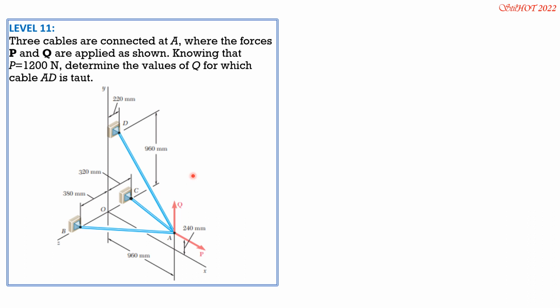So the trick here is that you have to set the value of tension AD and you have to set the value of Q. Let's express tension in AB in vector form. So magnitude of tension AB, negative 0.96 i. Let's convert it to meters. And it's going down along Y by 0.24, so minus 0.24 j.